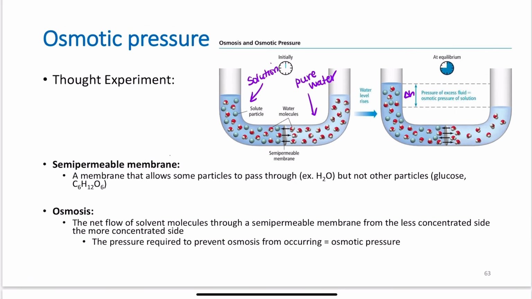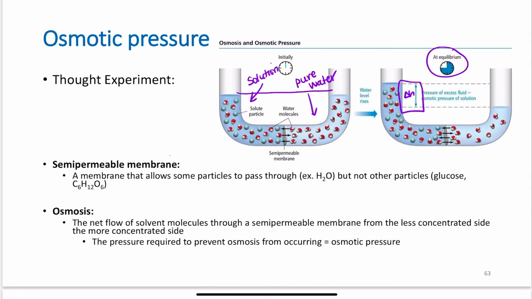If I let this sit, initially it's going to have equal height on both sides. But once I reach an equilibrium, I see that it's higher on the side with the solute than it was on the side with the water. Why is the water all traveling to the side of the solute?